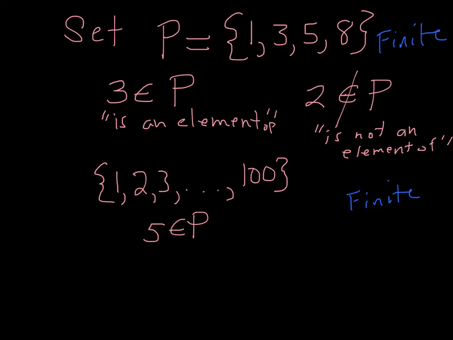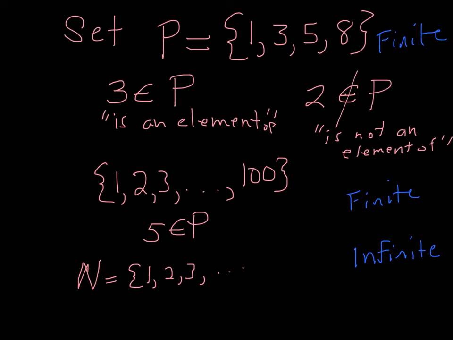So those are finite sets that you can list. Well, there's also the case where you have an infinite set. An infinite set is a set where you cannot list all the members. An example of an infinite set would be the natural numbers. So maybe I want the set N of natural numbers, which is the set 1, 2, 3, and so on.